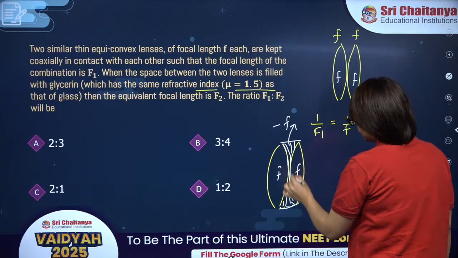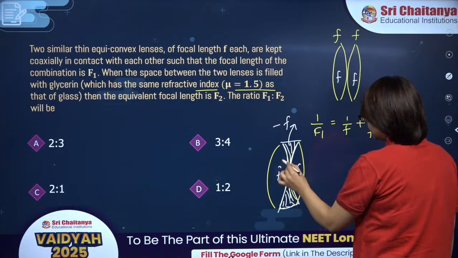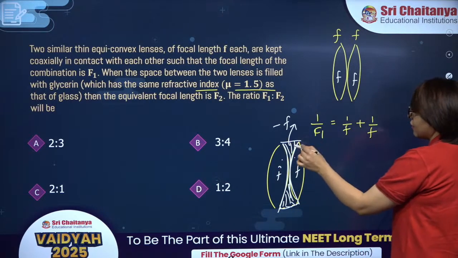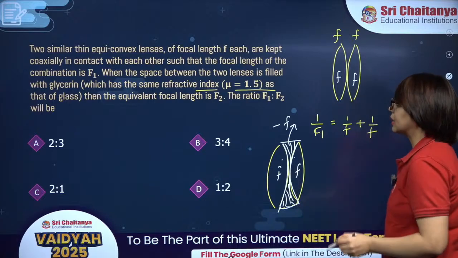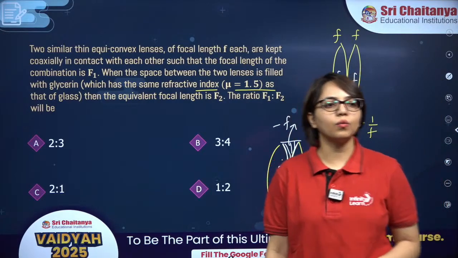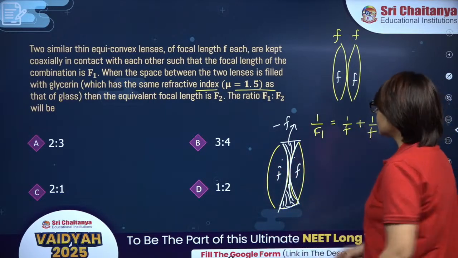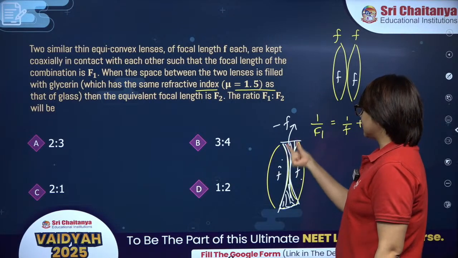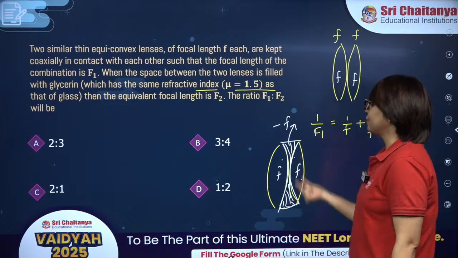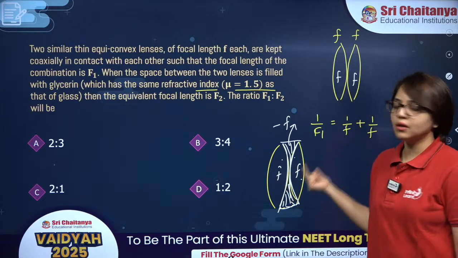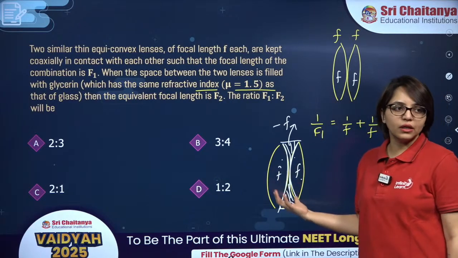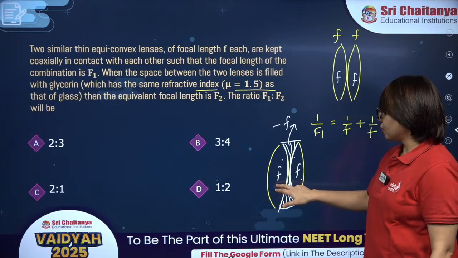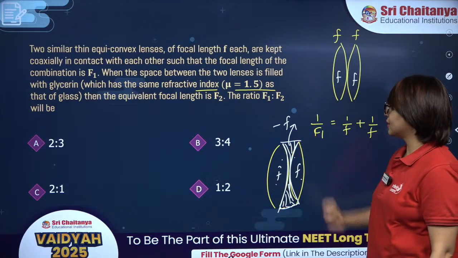Because radius of curvature R1 and R2 is same, but the middle portion where we are putting glycerin is behaving like what? It is behaving like a concave lens over here. These two are convex. This is a concave lens of same radius of curvature and same refractive index over here, right? So if focal length of this is F, then it will be minus F over here.